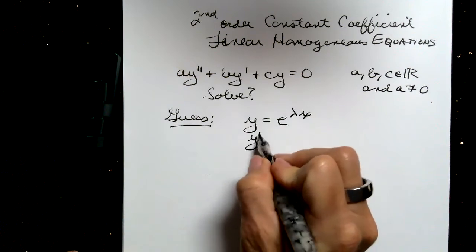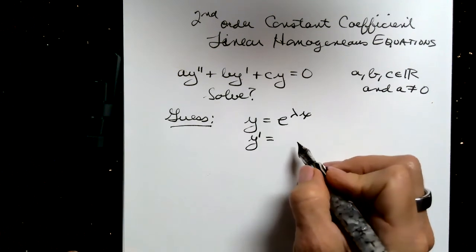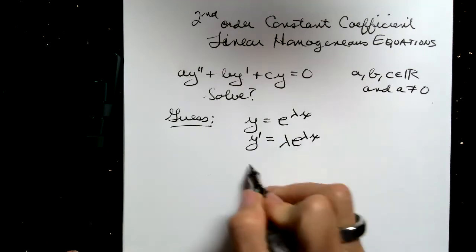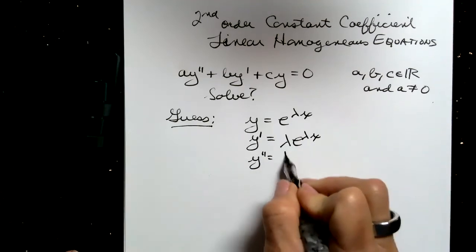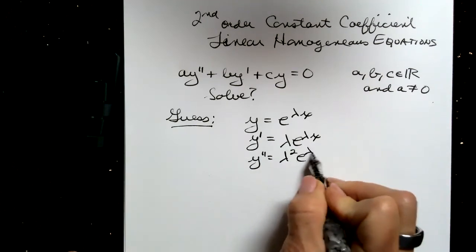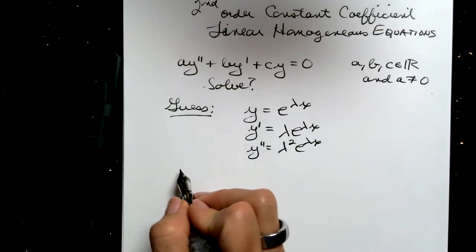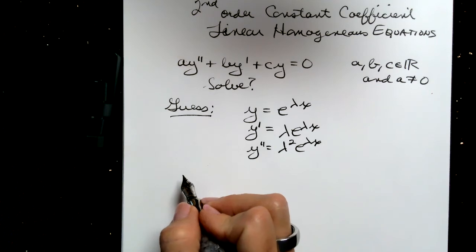If you do that, then y' is λe^(λx) and y'' is λ²e^(λx), just by regular old differentiation from calculus 1.